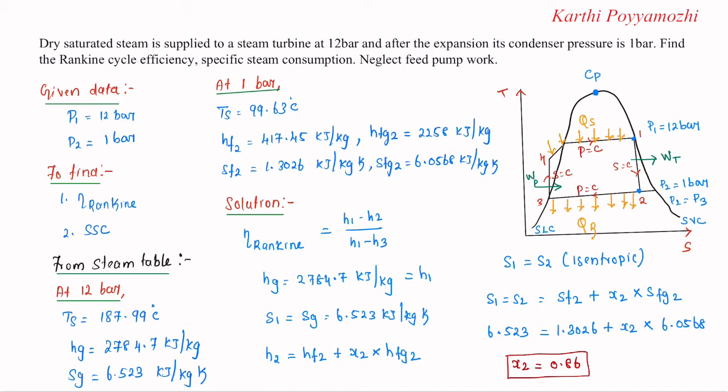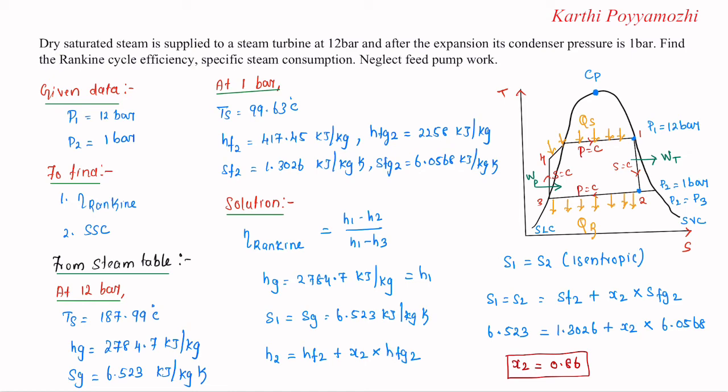Now, we can substitute the value of x2 in this equation in order to find the value of H2. We already have the values of hf2 and hfg2, and H2 is the only unknown.